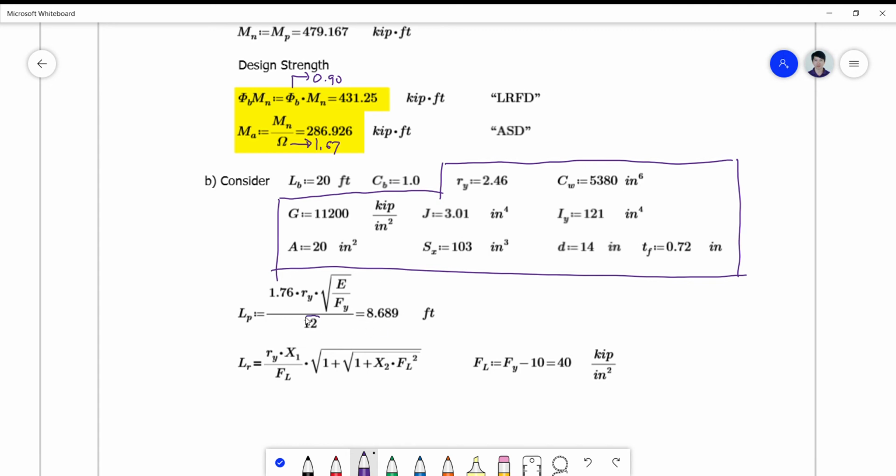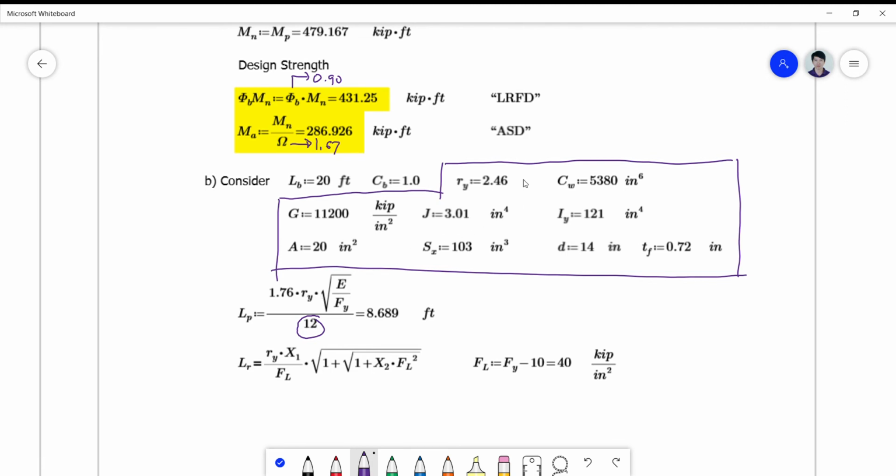Again, your 12 here is simply to convert your plastic length limit from inch to feet, because Ry is given in terms of inches.